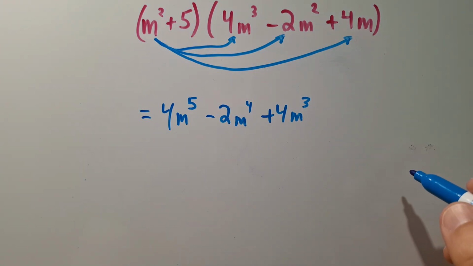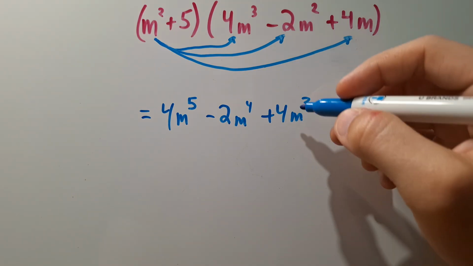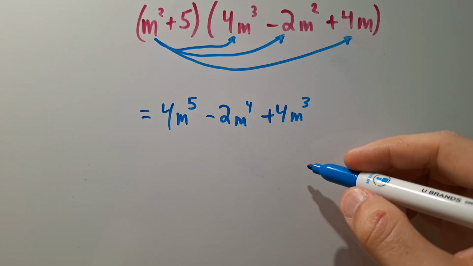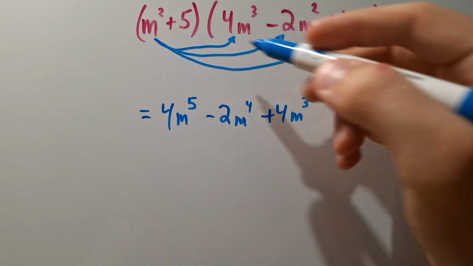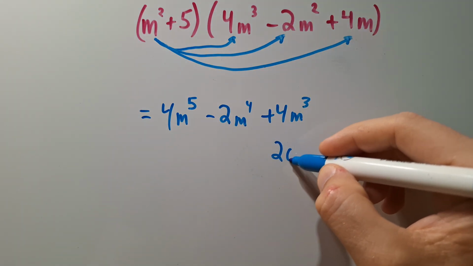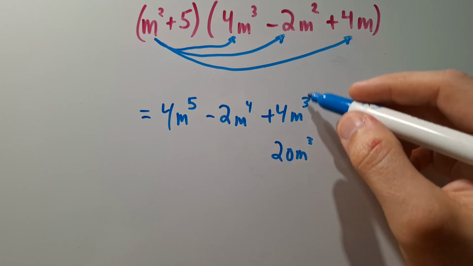What I'm going to do is if I see that I have any like terms, I will actually align them vertically, so that way they're a little bit more noticeable and we can combine them as need be. So 5 times 4m cubed gives me 20m cubed. Here I have my first set of like terms.